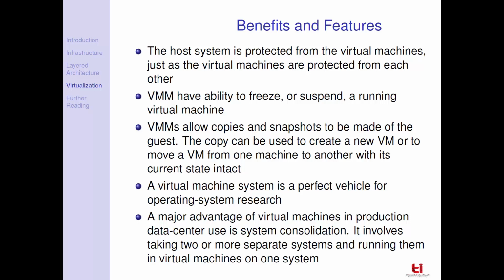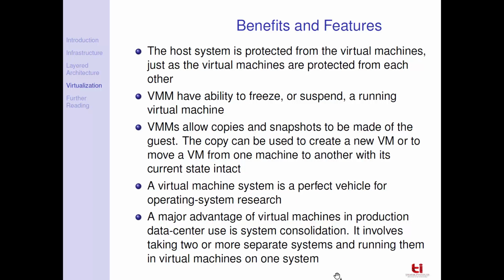Another major advantage of virtual machines in production data center use is system consolidation. So let us understand what system consolidation is. Basically, it involves taking 2 or more separate systems and running them in virtual machines on one system.